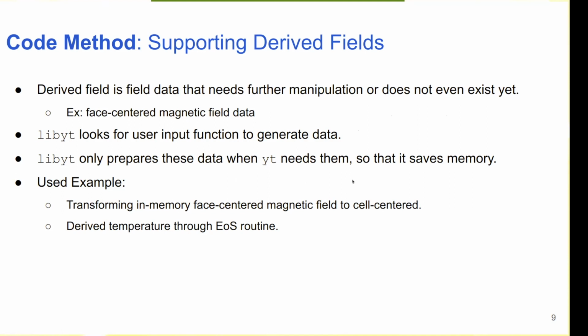Some examples are face-centered magnetic field data converted to cell-centered, and we can also derive the temperature field through equation of state routines, which are already implemented in some simulations.